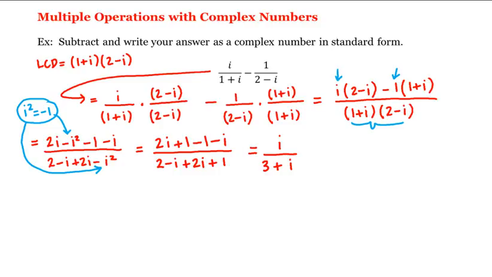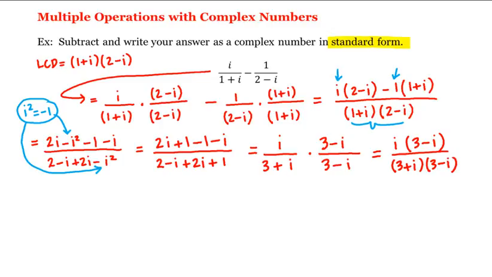Now we're asked to write our answer in standard form, which we can do by multiplying both the numerator and denominator here by the conjugate of the denominator, which is 3 minus i. And now we multiply the numerators, which gives us i times 3 minus i divided by 3 plus i times 3 minus i.